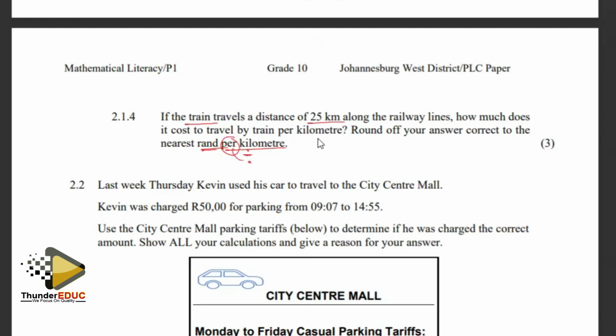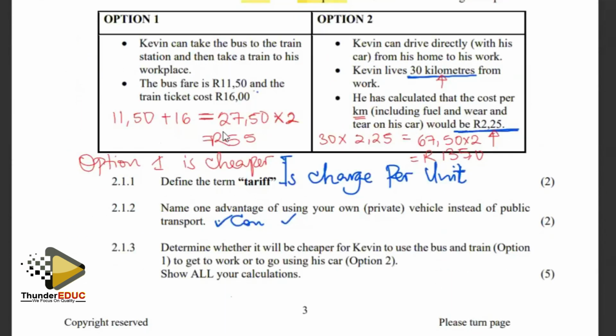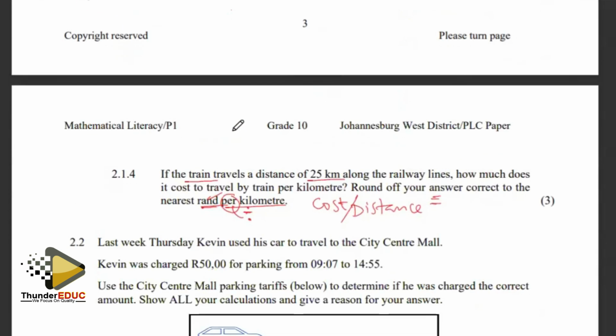The rand is the cost divided by the distance. They told us the train ticket is 16 rand. So we say 16 rand divided by the distance, which is 25.